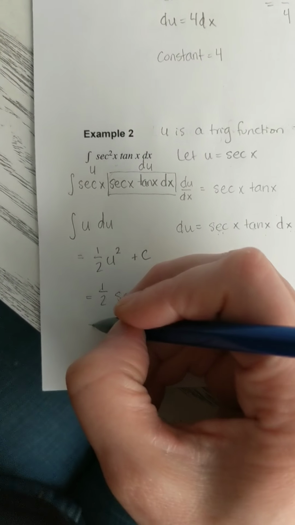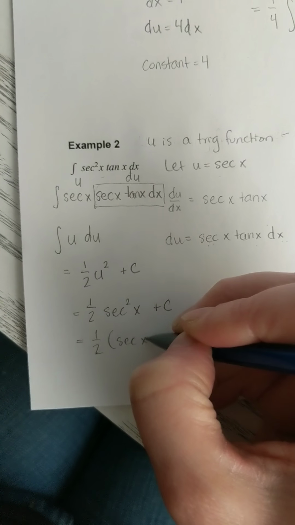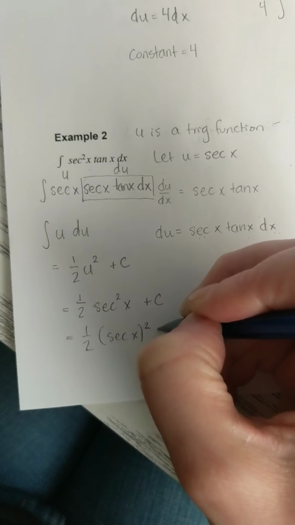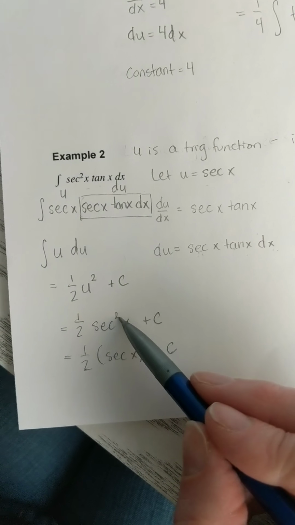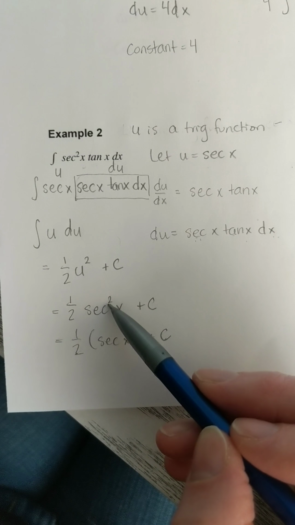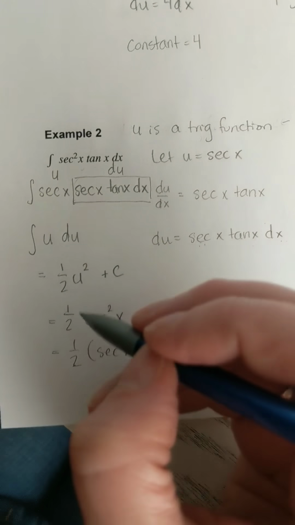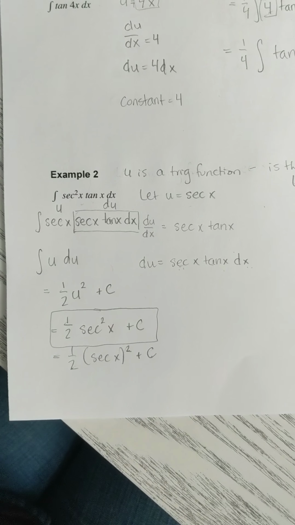That could also be written 1/2 secant of x squared plus c, but it is more common to write the squared between the secant and the x. So we have our answer.